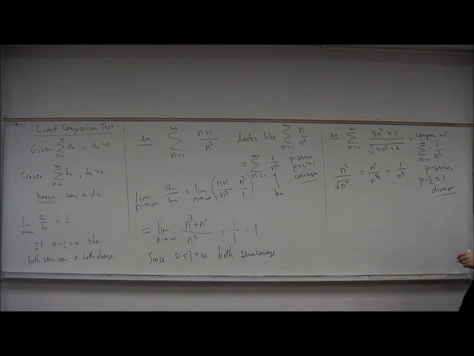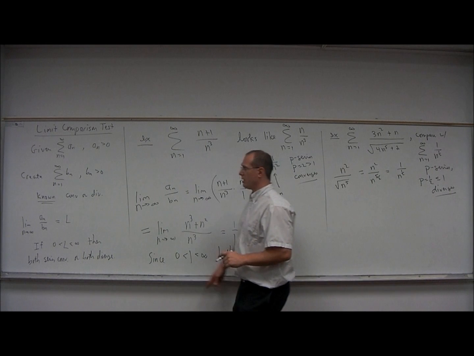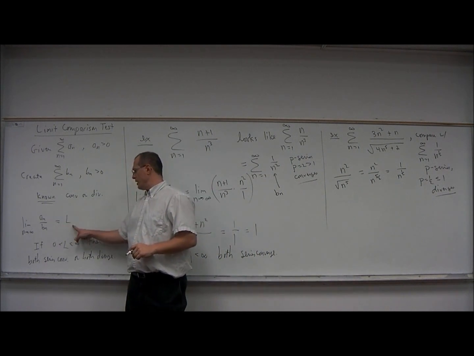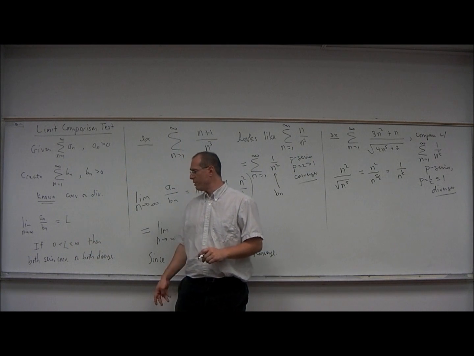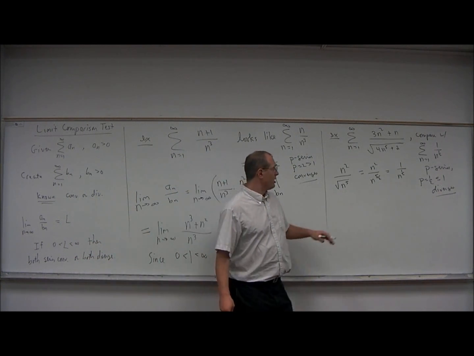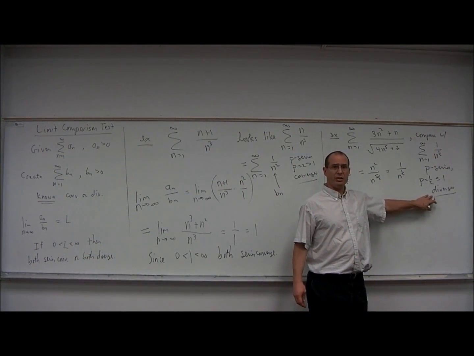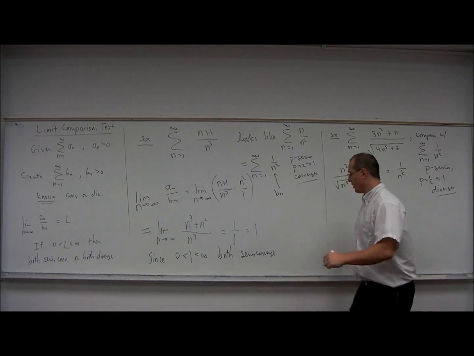So now let's compute the value of L. Let's calculate this limit and determine the value of L. If L is any positive number, then both series will do the same thing. They'll both diverge. So let's see.